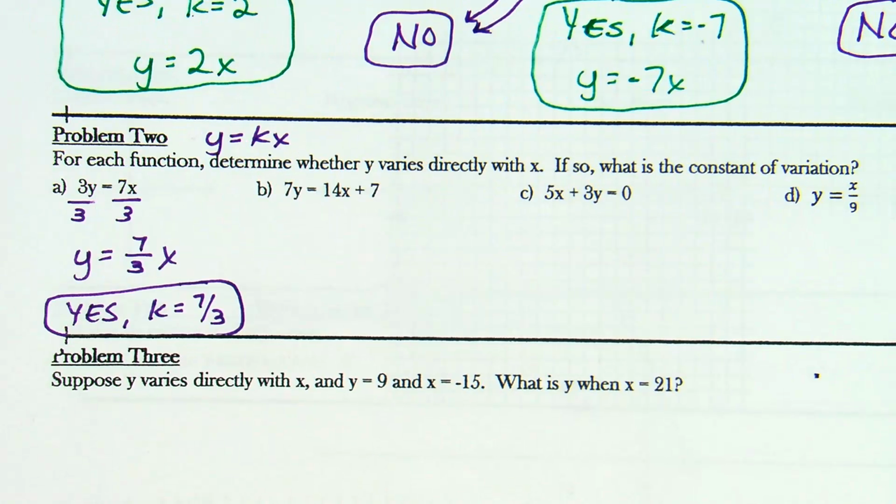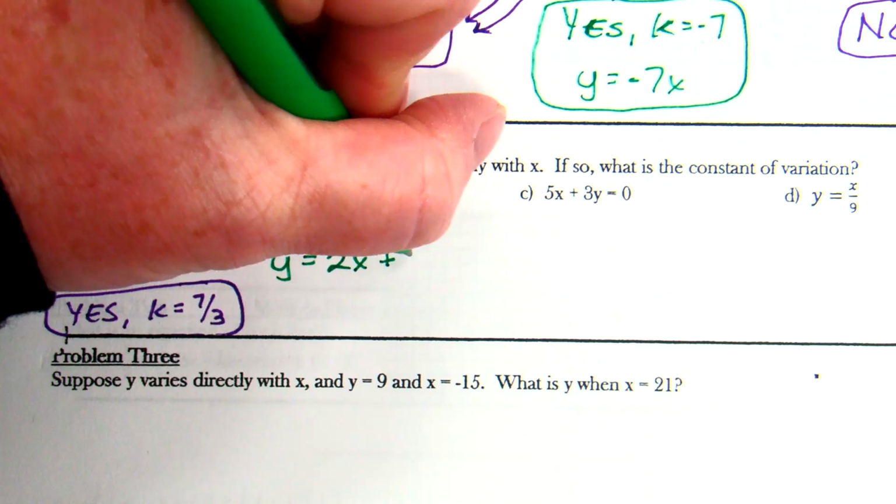Divide everybody by 7. 7y divided by 7? Just y. 14x divided by 7? 2x. Plus 7 divided by 7? 1.